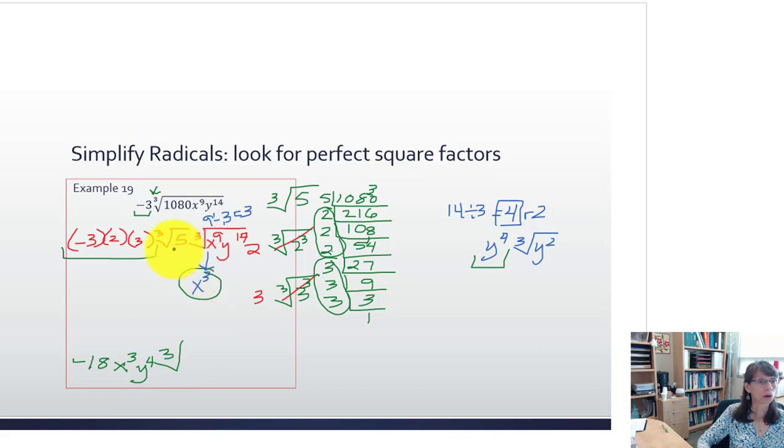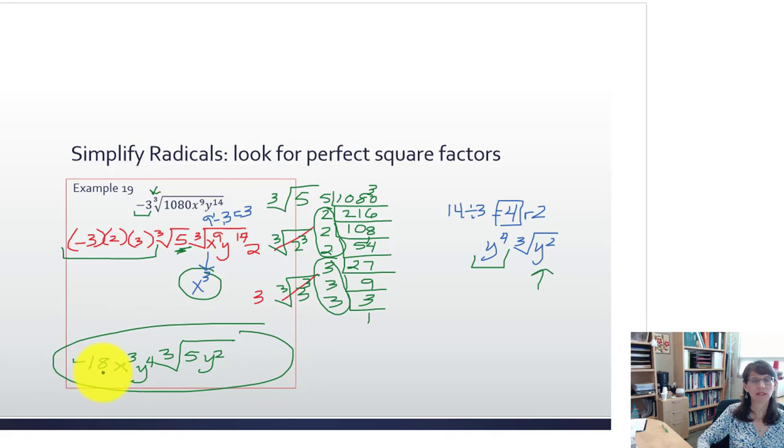We've got our coefficient of 5. Then alphabetically, let's see, we did not have any x remaining. But over here we can see that we have cube root of y squared. So I do have a y squared under that cube root. Here's our final answer. Negative 18 x cubed y to the 4th multiplied by the cube root of 5y squared.